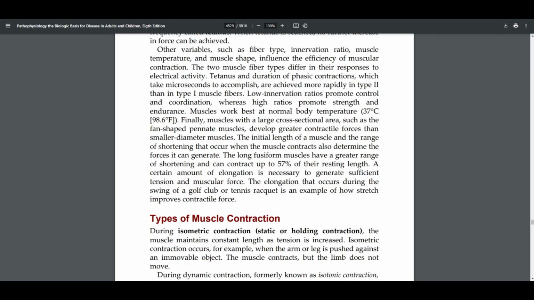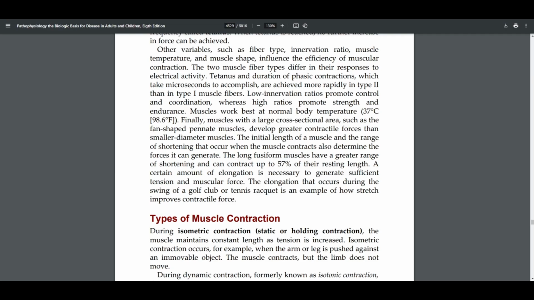Low innervation ratios promote control and coordination, whereas high ratios promote strength and endurance. Muscles work best at normal body temperature.